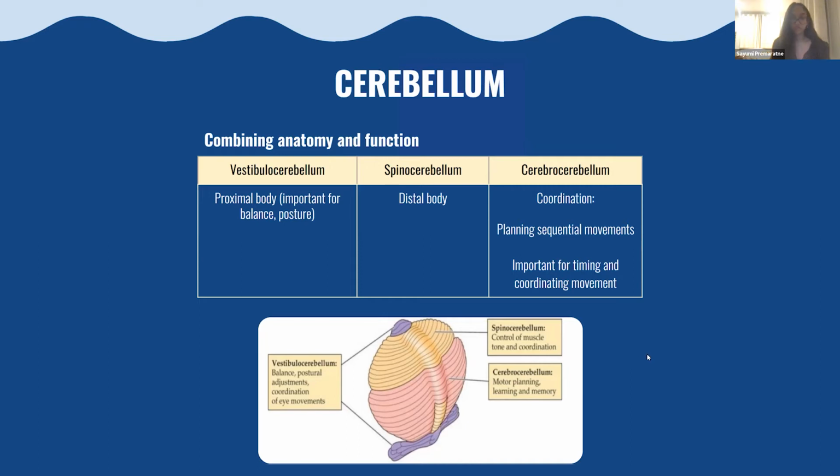And then in the bottom picture, there's just some additional functions of each of those parts. For the vestibulocerebellum, you can see how its control of the proximal body is important for things like balance and posture, because those are more part of your axial body.